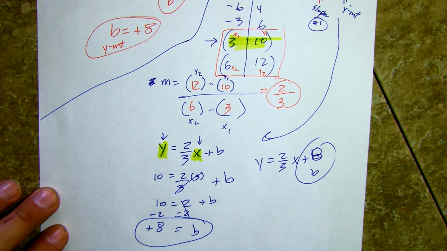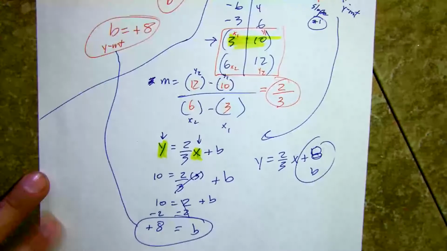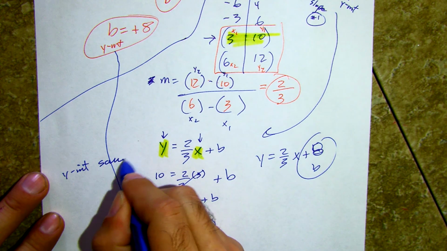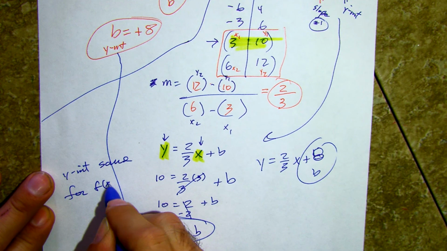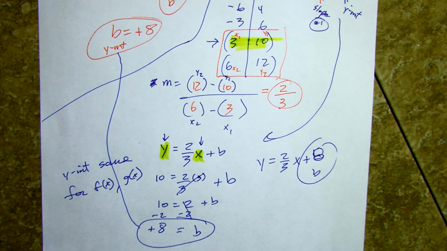Now look, let's compare our b values. Our y-intercept, same for f of x and g of x. It's the same. They're both plus 8. So that's how I'm going to approach that problem.